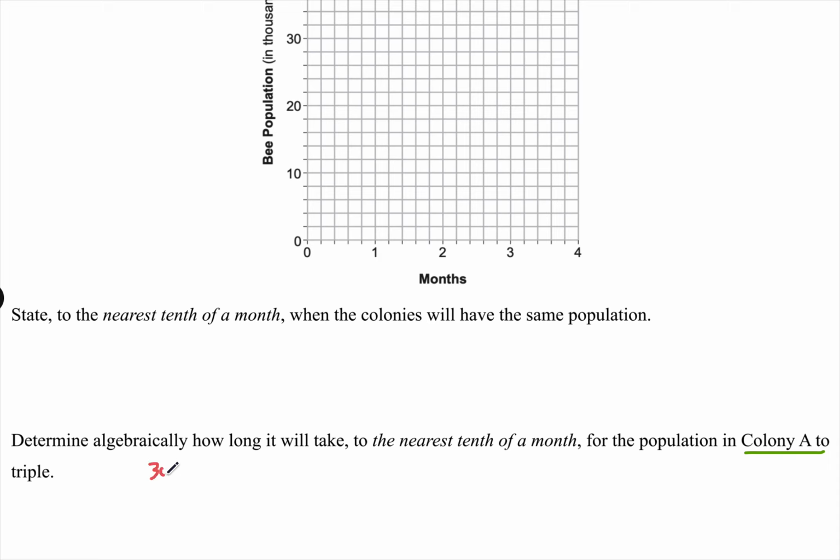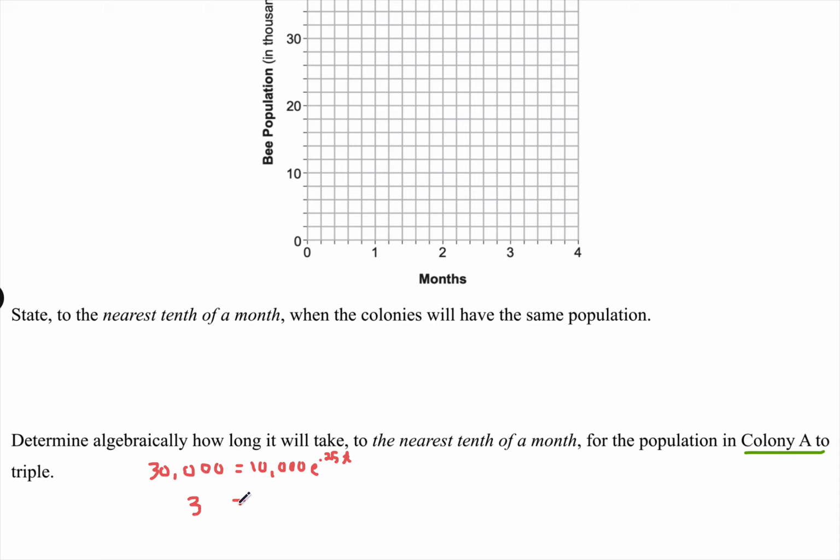So when my population gets to 30,000, I'm trying to find my t. So I'm going to put in everything I know, which was e to the power of 0.25 t. The t is what I don't know. If I divide by 10,000 on both sides, what am I left with?